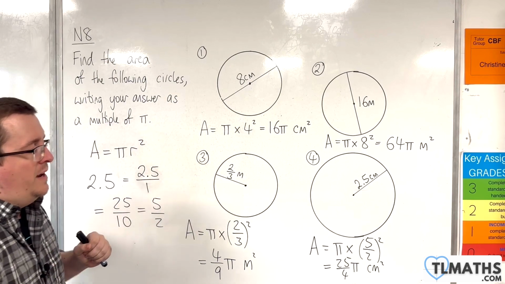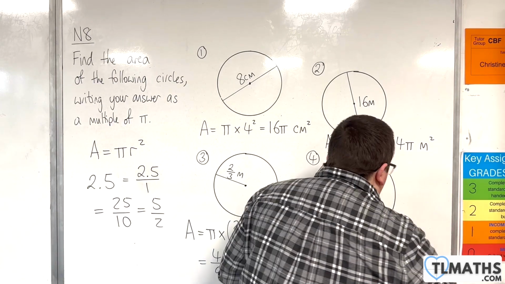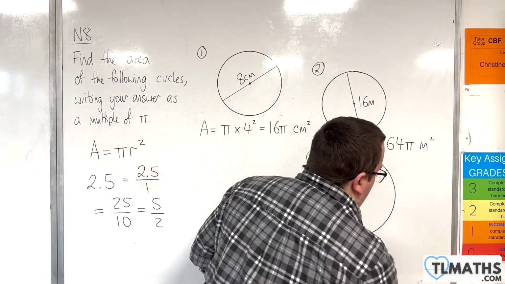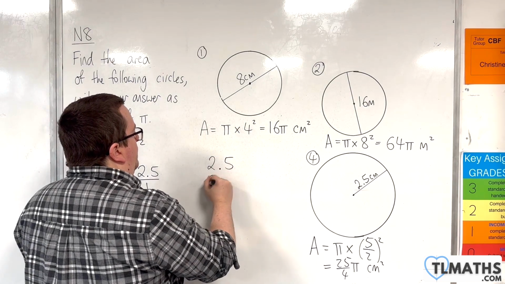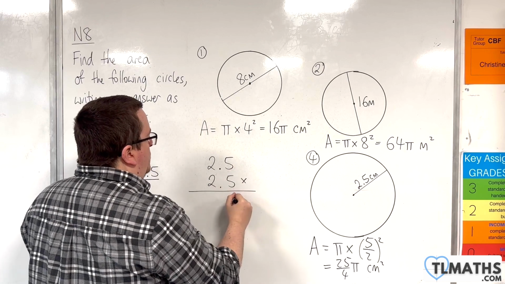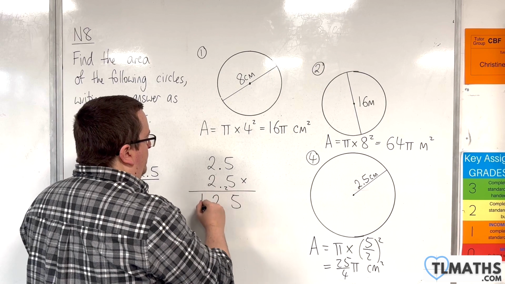Now, if you'd done that by multiplying the 2.5 by 2.5, then if we do that, 5 times 5 is 25, 2 5s are 10, plus the 2 is 12.